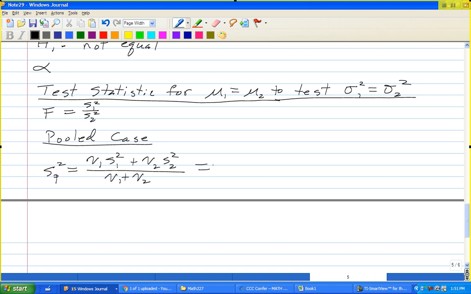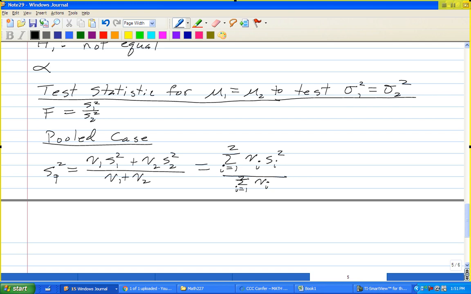So it was the sum of the degrees of freedom times the variances, in this case just two of them, over the sum of these degrees of freedom.